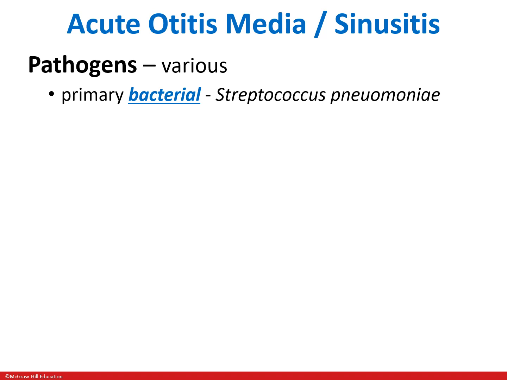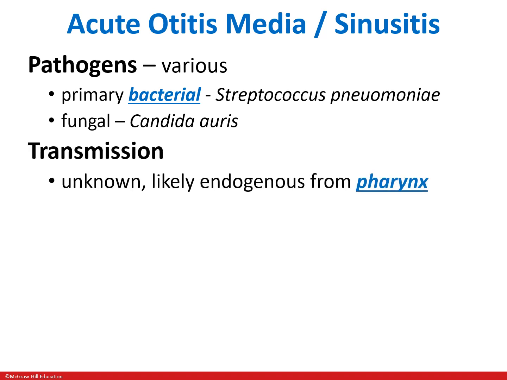And they're largely caused by the same groups of organisms. There are a wide variety of organisms, including viruses that we don't really diagnose. But Streptococcus pneumoniae is the primary bacterial cause for either of these. There's also a fungus, Candida auris, which is a possible cause for ear infections and sinus infections.